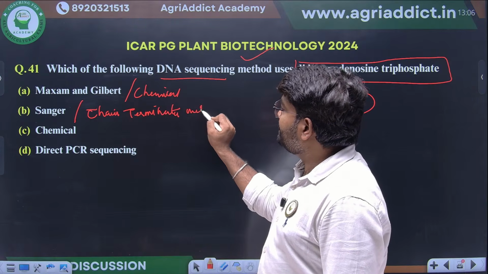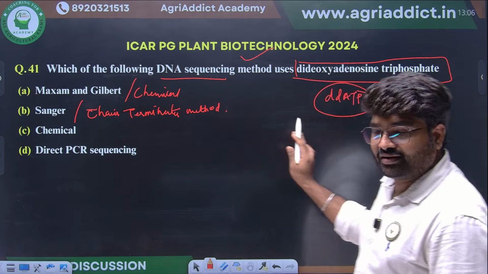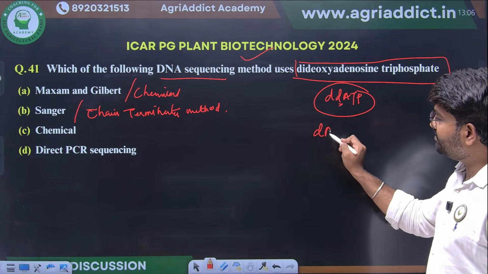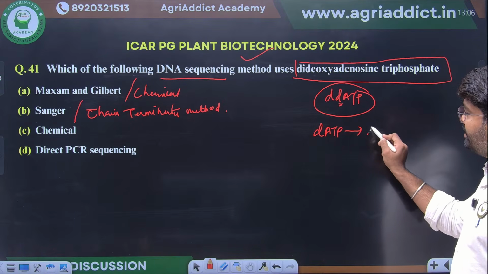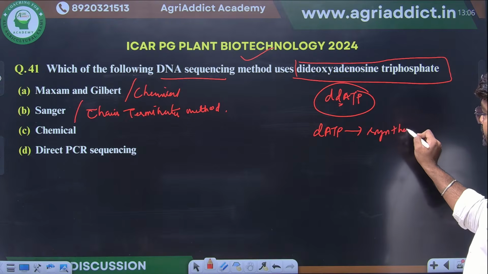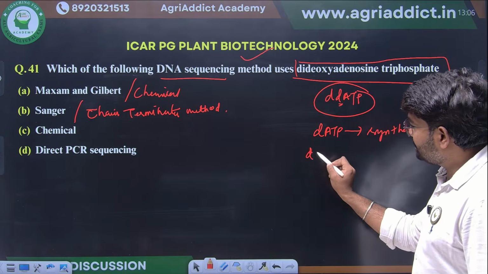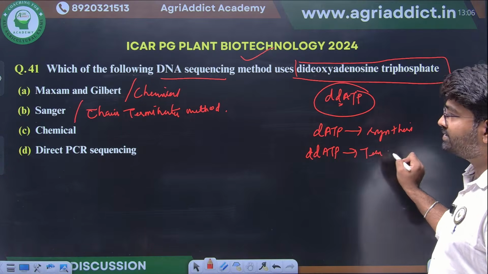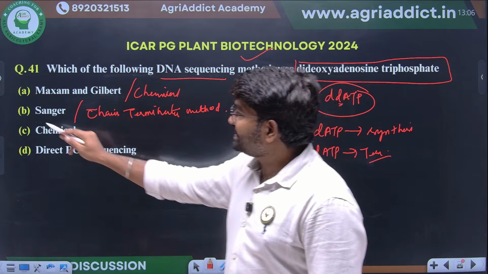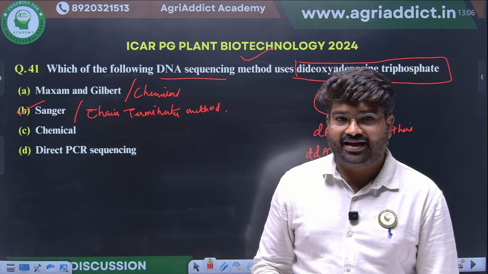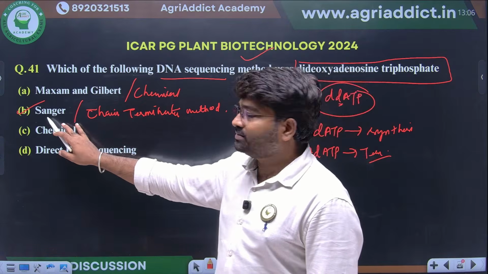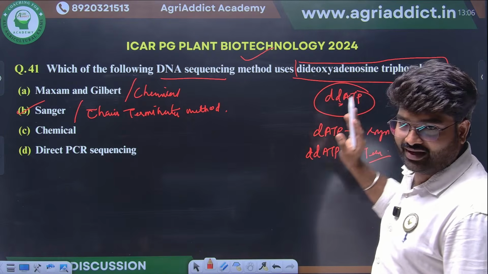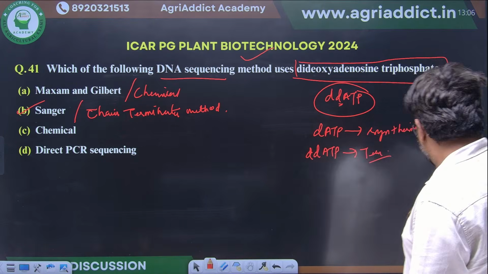The name itself says it. This is not a deoxy; if deoxy ATP is there, it will lead to synthesis. Dideoxy will terminate the chain extension. So the right option is Sanger sequencing, where they use dideoxyadenosine triphosphate.